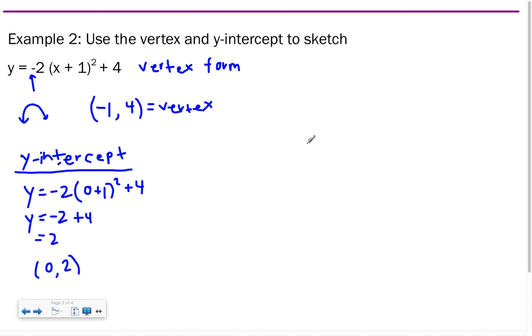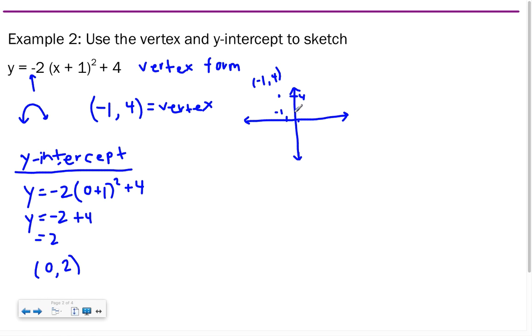So here I'm going to just do a rough sketch. I've got my y-axis. I've got my x-axis cutting across here. I've got my vertex at (-1, 4). Here's my vertex, negative 1, 4.